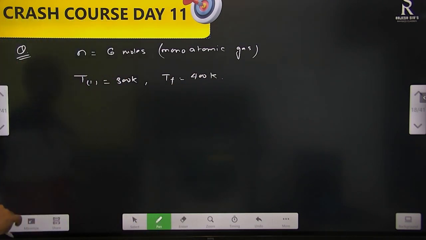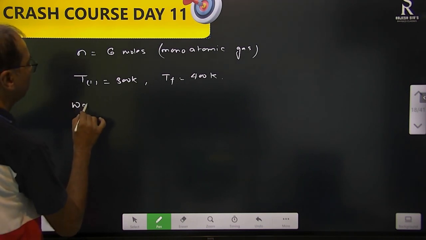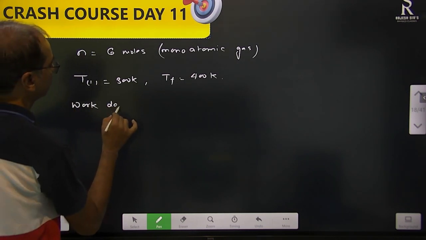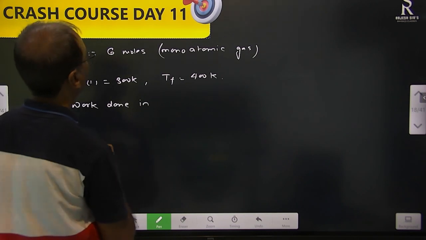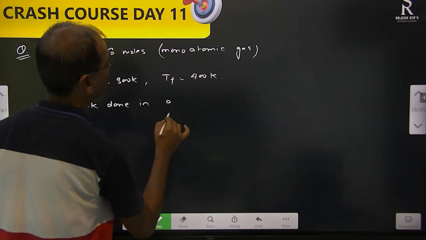Six moles monoatomic gas, initial temperature 300, final temperature 400. Find the work done in the given adiabatic process.